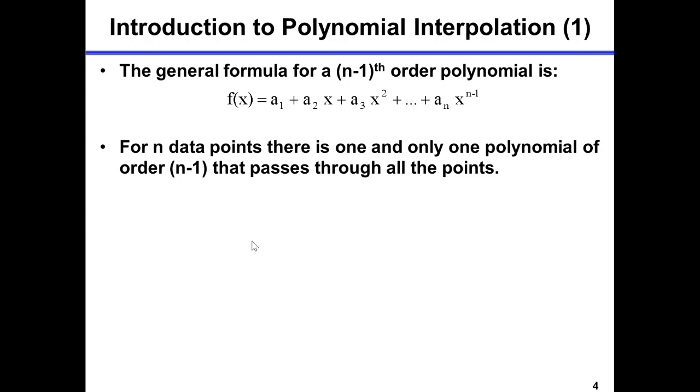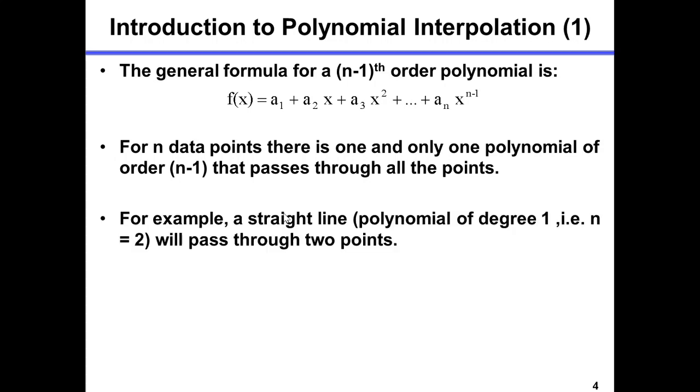For example, I have 1 point here, 1 point here, 1 point here. If I have 5 data points, in fact, you would have one and only one polynomial of order 4 to pass through all of those 5 data points. There is a simpler example here.